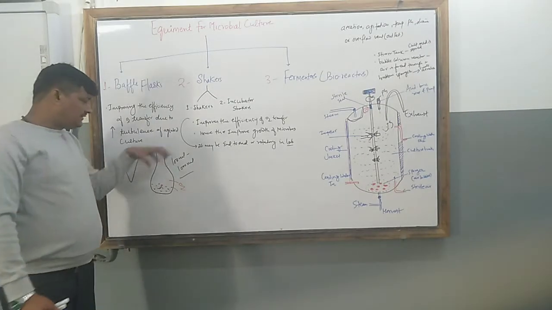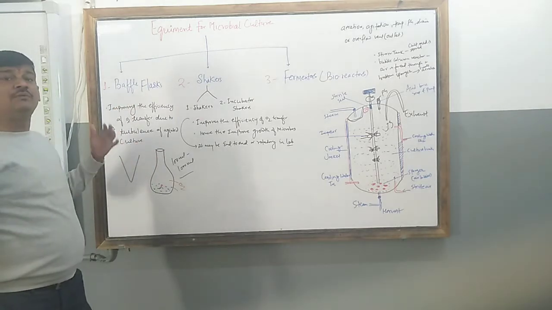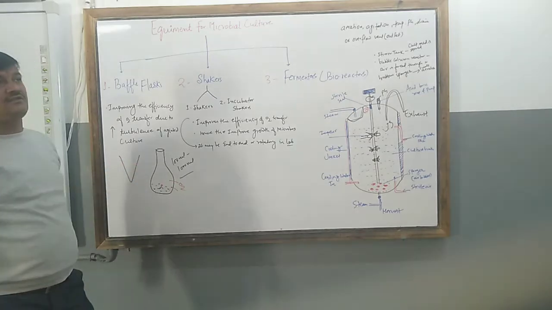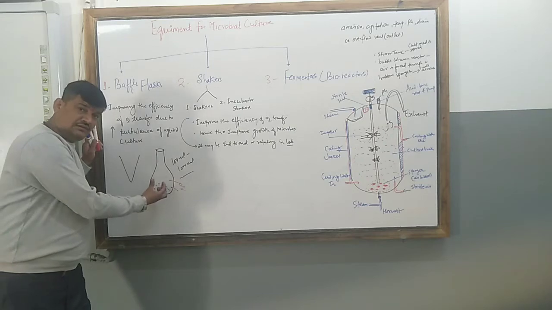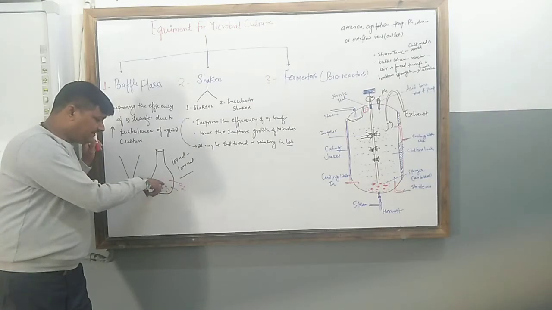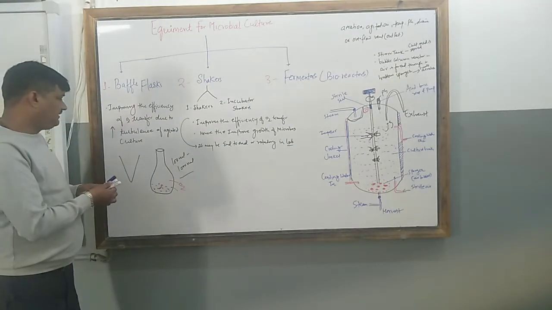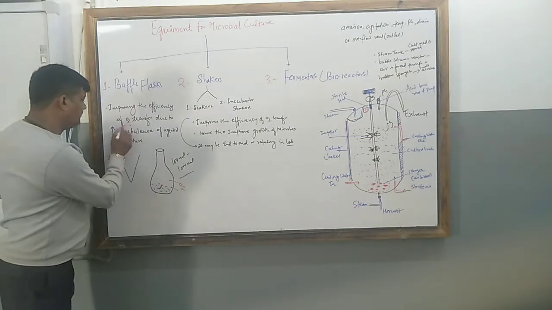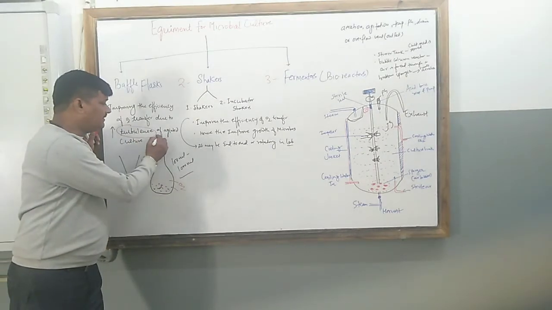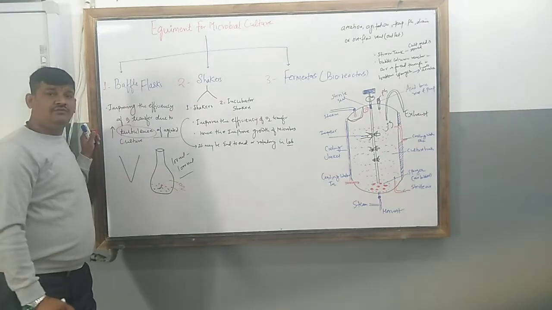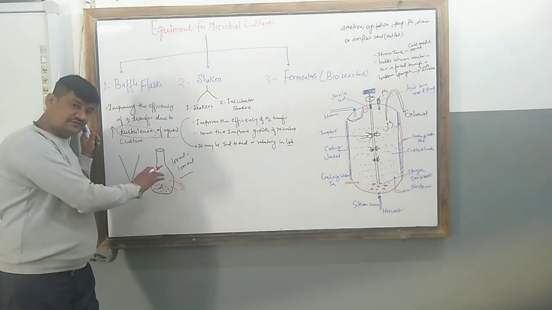So how does it promote the culturing process of bacteria? Due to the biochemical process that takes place inside this culture vessel, it creates turbulence. Due to the turbulence, there is a deficiency of oxygen in the Baffle flask or the culture vessels.